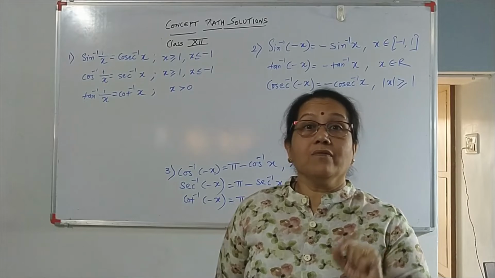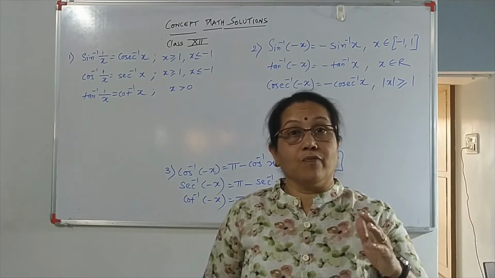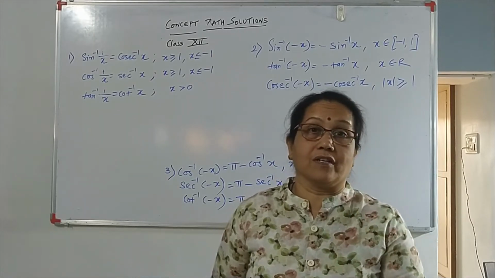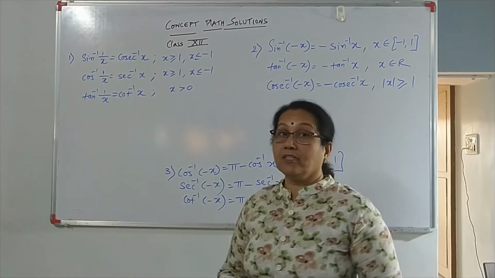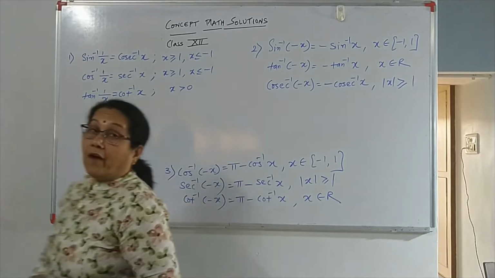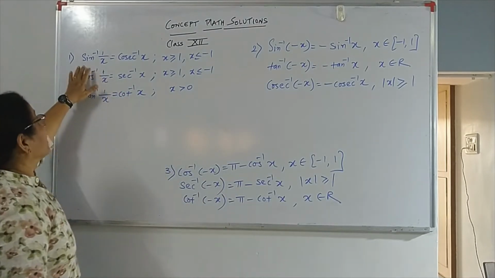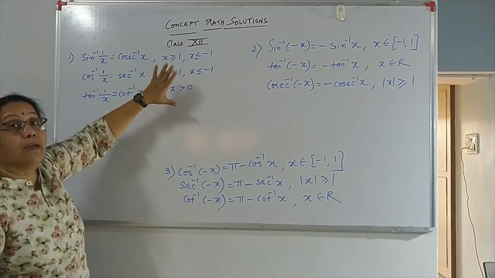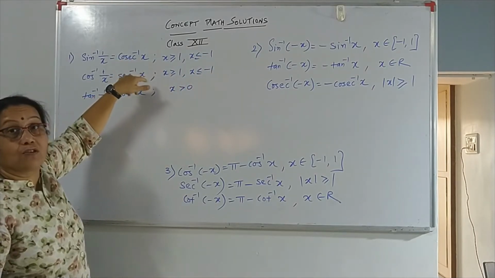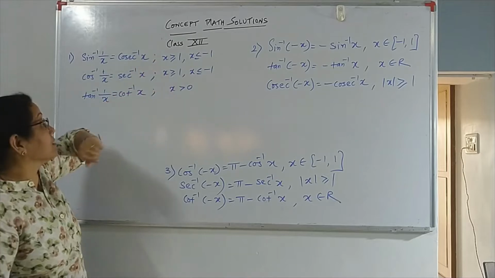To prove inverse trigonometric functions, or when we work on inverse trigonometric functions, we refer back and use trigonometric functions. If I take this first group of identities, all these intervals given are based on the domain and range of these inverse trigonometric functions.